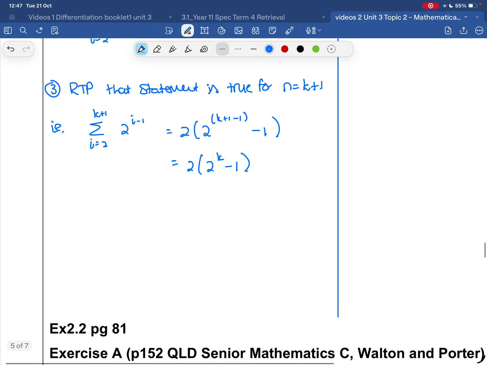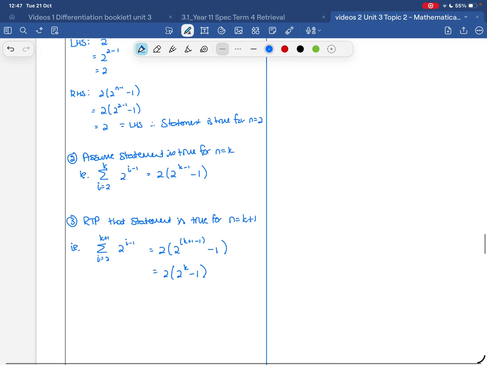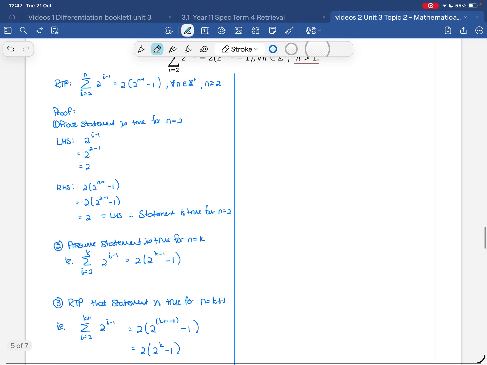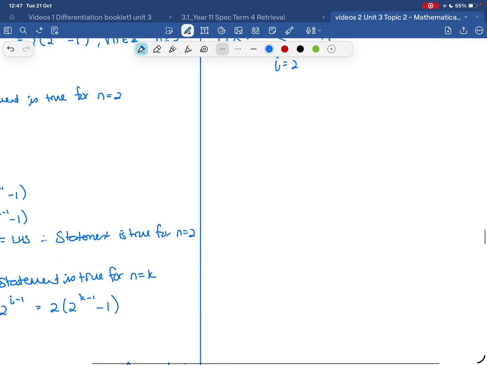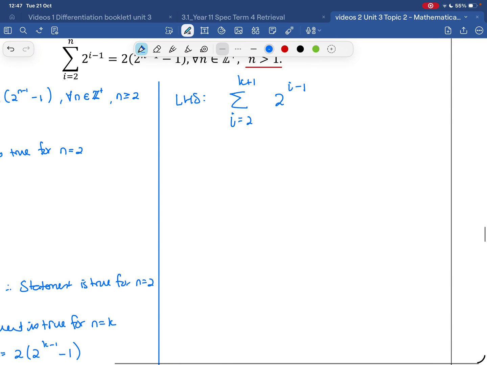Okay, so let's have a look at our left-hand side, and maybe I'll go up here and say, well, our left-hand side is the sum from i equals 2 to k plus 1 of 2^(i-1). And we know that we summed up to k and then we added the next one.